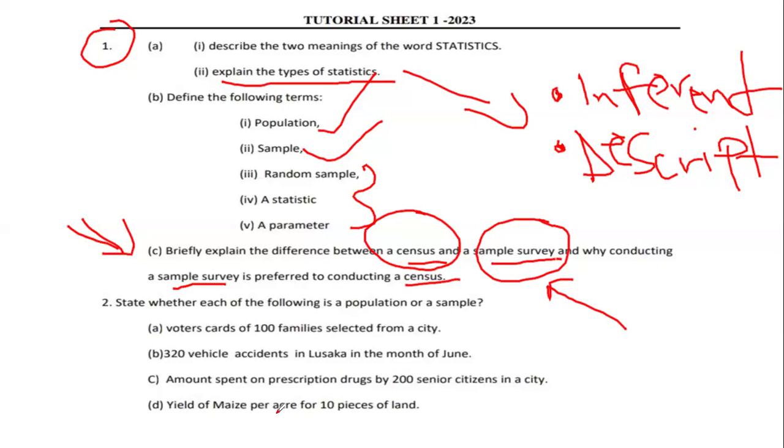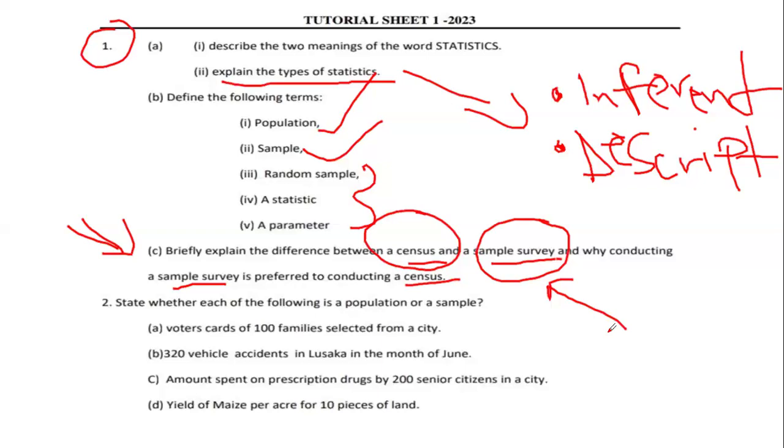My thinking is conducting a sample survey is easier and more accurate, because you're just obtaining information from a portion of that population, and not getting it from the whole population.